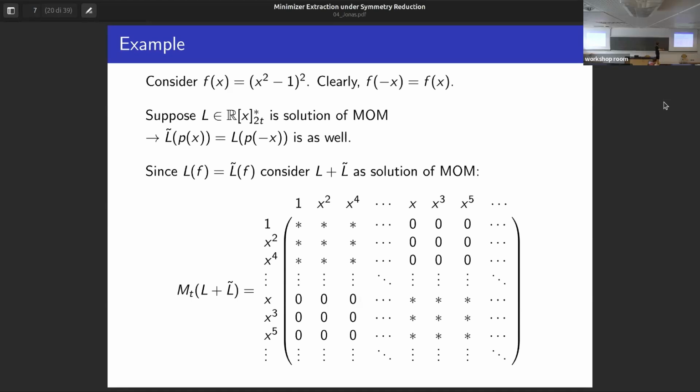You get some entries here because you're multiplying odd degree monomials together, resulting in even degree monomials. But in those two blocks here, you're multiplying even degree monomials with odd degree monomials, resulting in odd degree monomials, meaning that our linear function will be zero on this. Okay, and this is precisely the block diagonal structure we had on the previous slides.